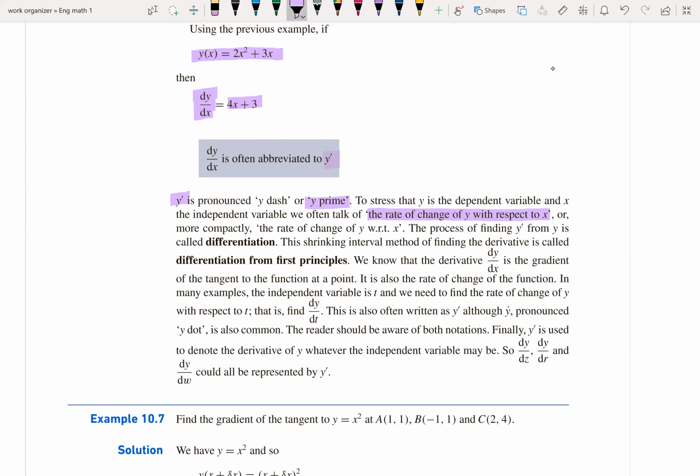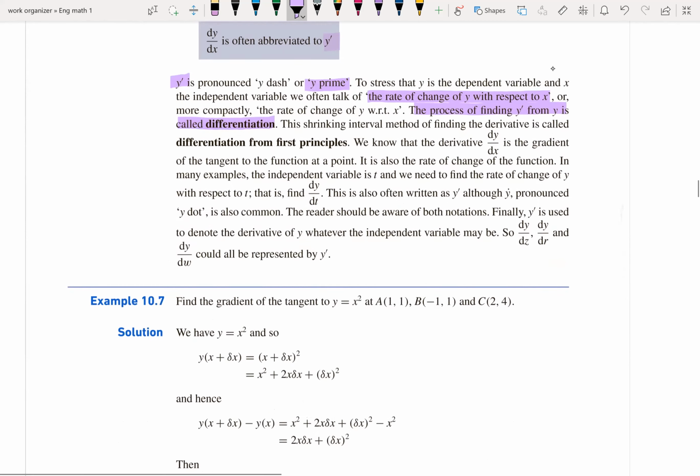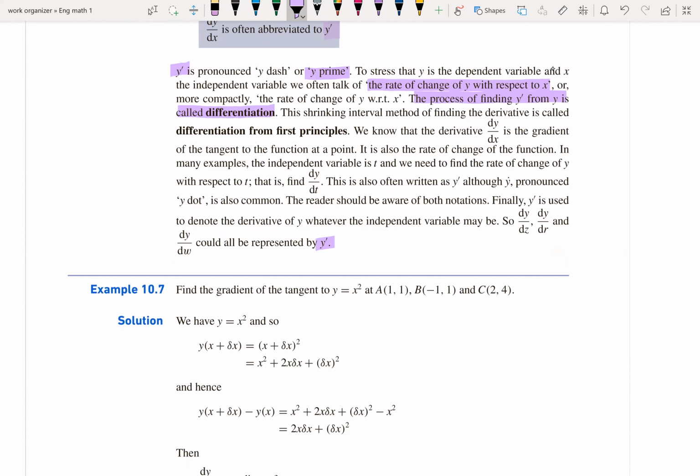The process of finding y prime from y is called differentiation. We can also write dy over dz, dy over dr, or dy over dw, meaning that the independent variable can be changed. It does not have to be x only.